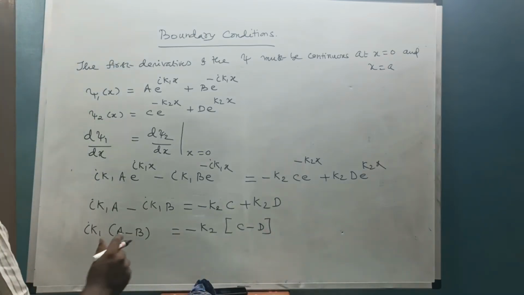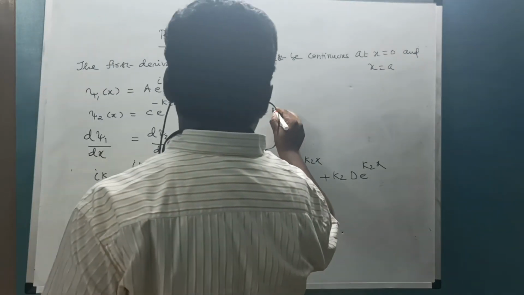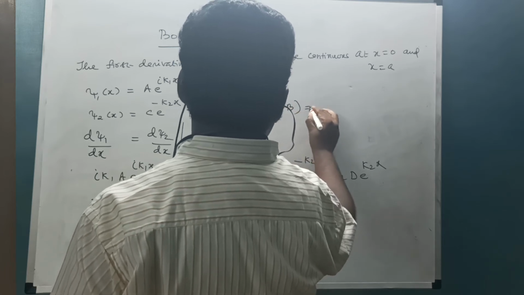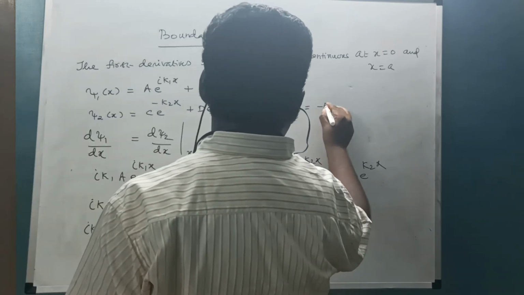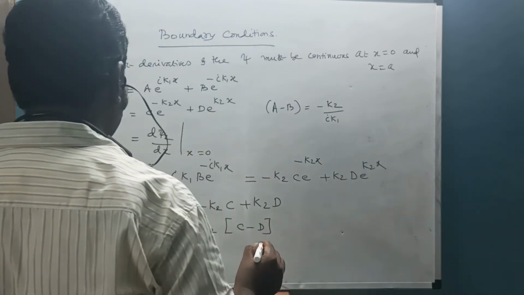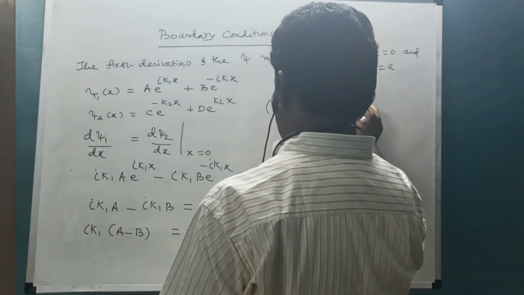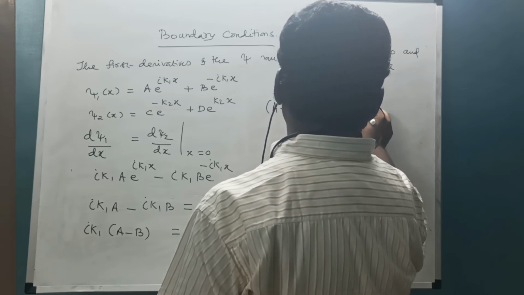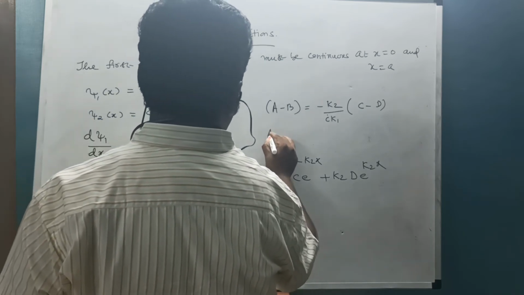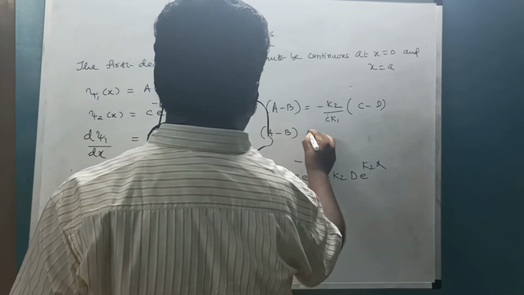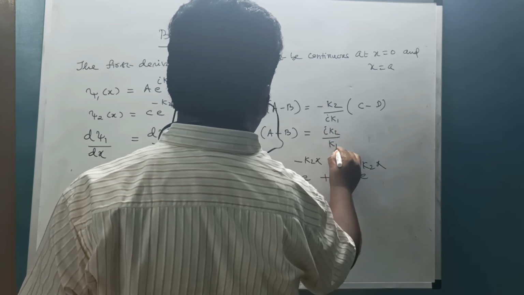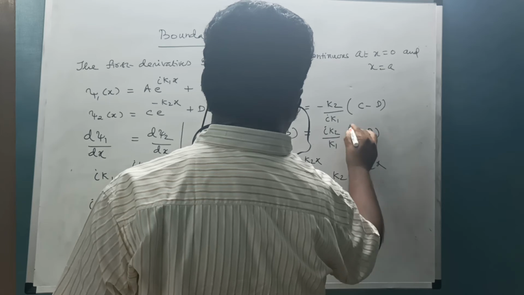From this we can write a minus b equal to minus k2 by ik1 into (c minus d), which is a minus b equal to i k2 by k1 into (c minus d).